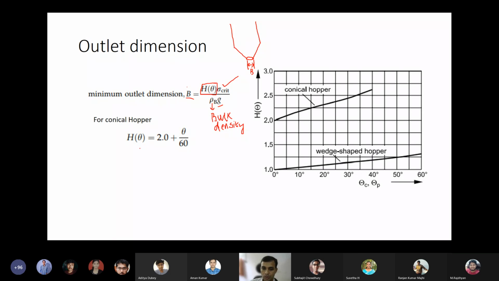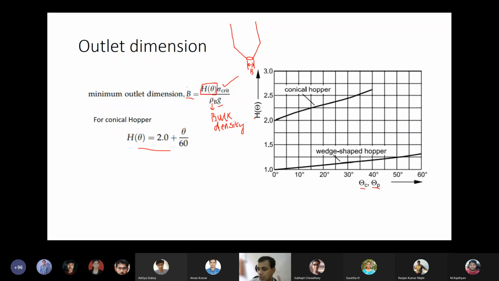H of theta, you can use this formula or you can use this graph. We have two types of hoppers. One is the conical hopper, another one is the wedge-shaped hopper. I will show you in later slides what a wedge-shaped hopper is. Right now we are familiar with the conical hopper. Okay, so we have two, theta C and theta P, right?